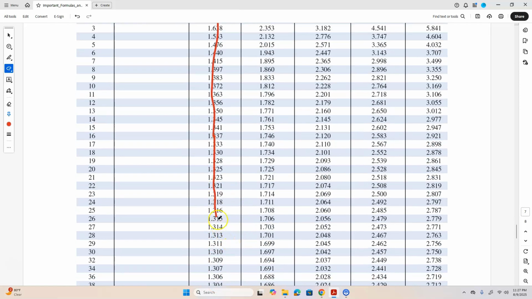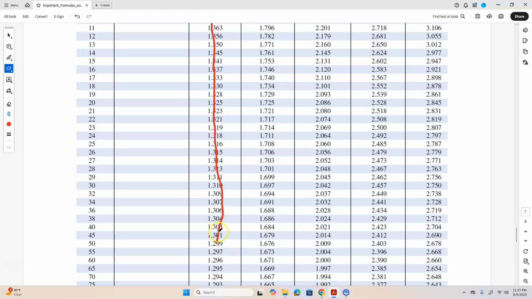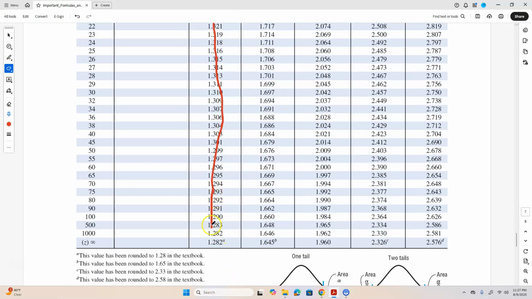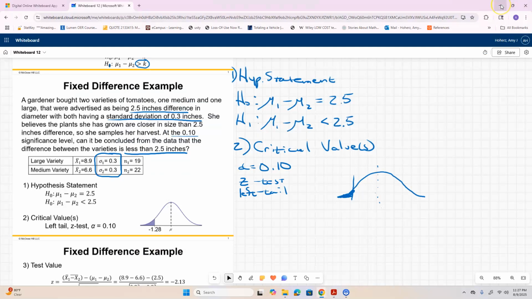Z-test all the way to the bottom. All right, so we have 1.28. And because it's to the left side of 0, that's going to be negative 1.28.